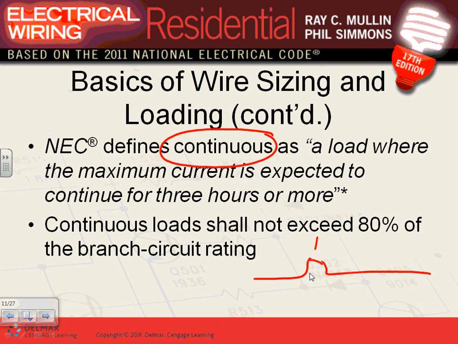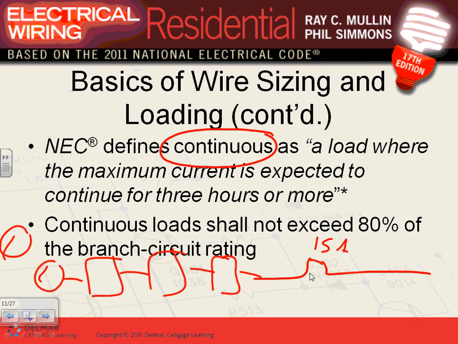I have a bunch of receptacles here, a bunch of receptacles here, and also I branched in here and they have lights, L, R, right? Typical in a house, they're mixed. So for this circuit to be continuous, you need to pull 12 and a half amps out of this circuit, which is 80%, 12.5 amps.